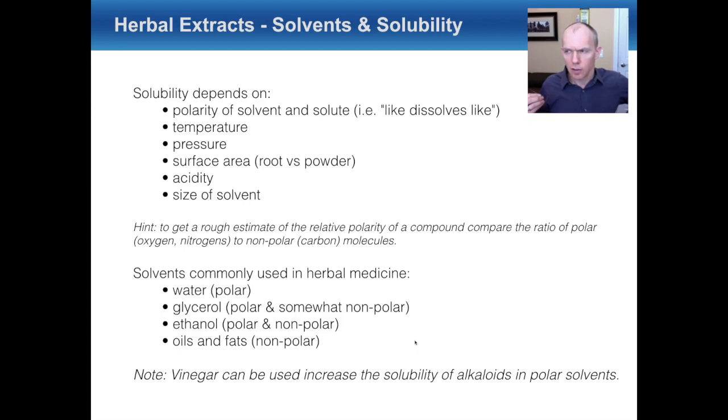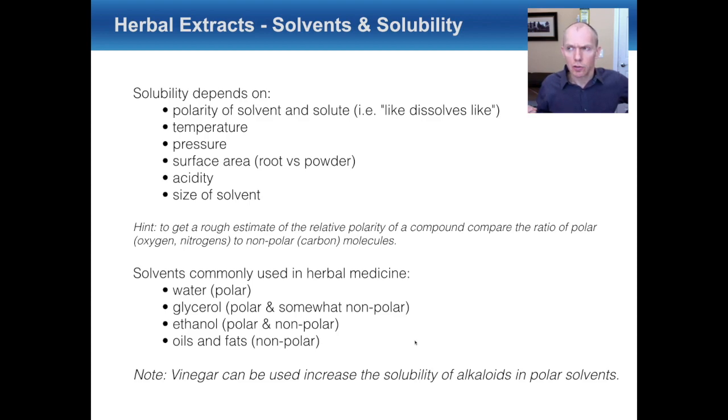So some people ask, is alcohol a good solvent? My answer is, well, it depends on what you're trying to extract. Is water a good solvent? Yeah, it depends on what you're trying to extract. Is oil a good solvent? It depends. If you're trying to isolate a polar compound, then it's fantastic to use water.